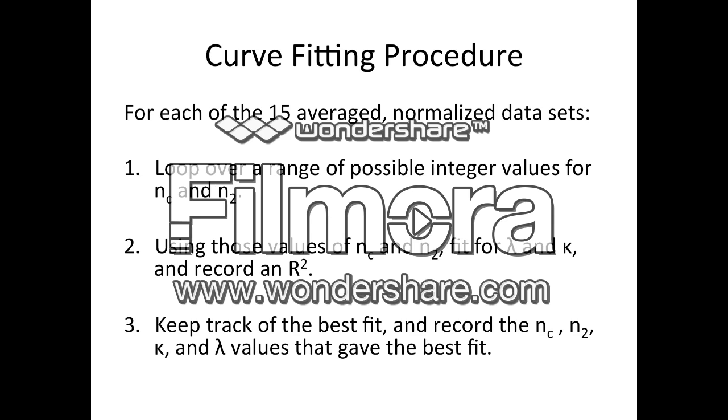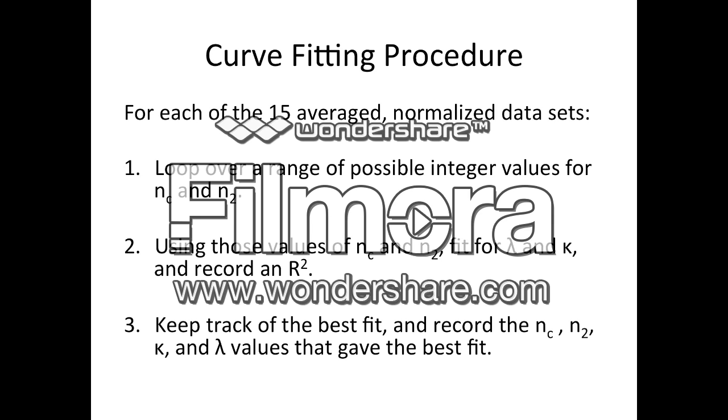So let's look at our curve fitting procedure. For each one of our 15 average normalized data sets corresponding to one of our 15 experimental setups, we will loop over a range of possible integer values for NC and N2. For each pair of NC and N2 values that we look at, we will then fit that analytic model that we showed for the values of lambda and kappa and record the R2 value of the fit.